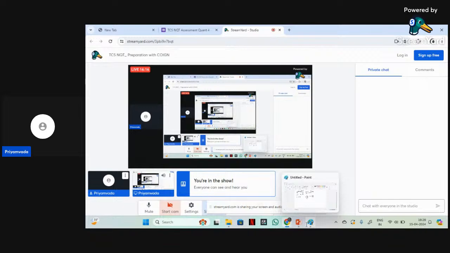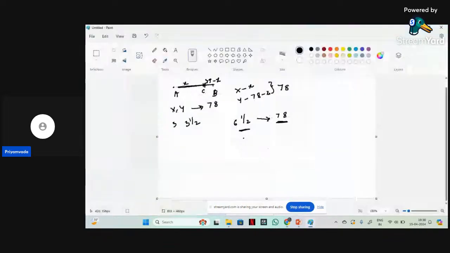Okay. So at the speed of 6.5 kilometers per hour, they are covering 78 kilometers distance. See, this is the speed, and this is the time.